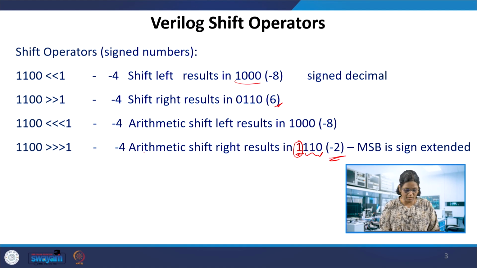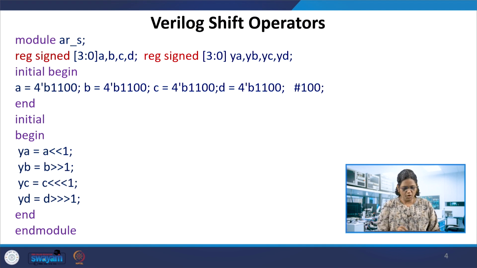So we'll be using these arithmetic shifts in the FIR coefficient usage, in the Verilog module. The module generated shows the same example in Verilog with arithmetic shifts. There are four numbers A, B, C, D, and outputs of 4 bits.